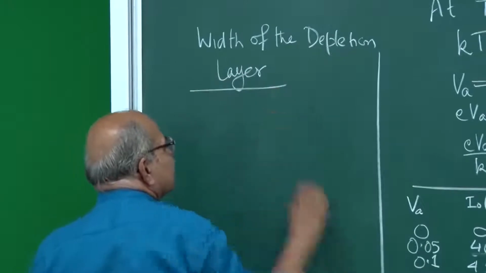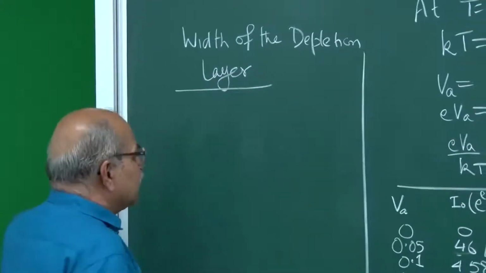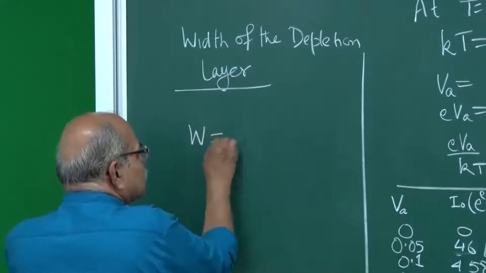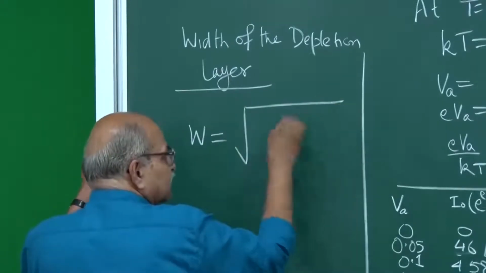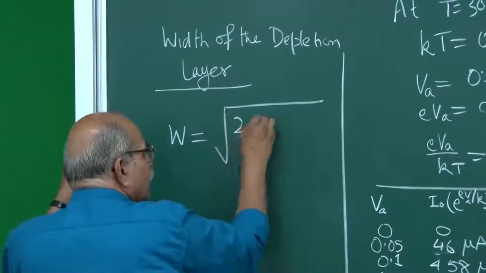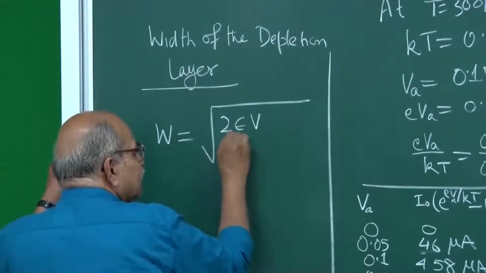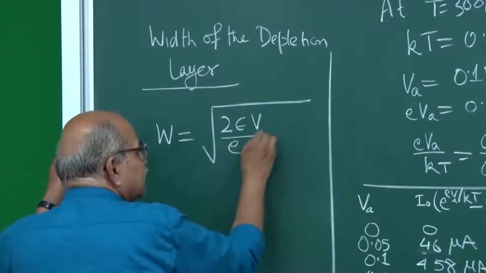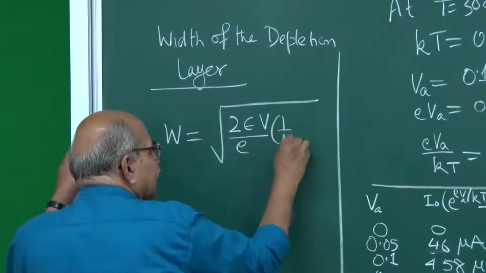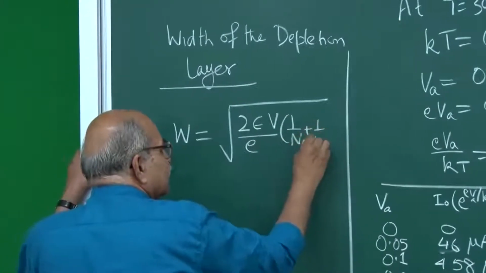We have derived that equation, that width was some square root of 2 epsilon, then this voltage appearing here, and then divided by E, 1 over NA, 1 over ND, something of this sort.